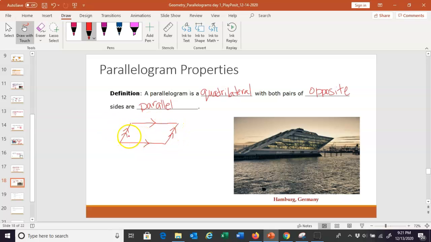And I'm using two arrows because they're not the same as these. You also might see it written with triangles, so let me do it like this instead of the arrows. Oh man, I'm sorry, those are markings for parallel, parallel, parallel. So a parallelogram has both pairs of opposite sides parallel.